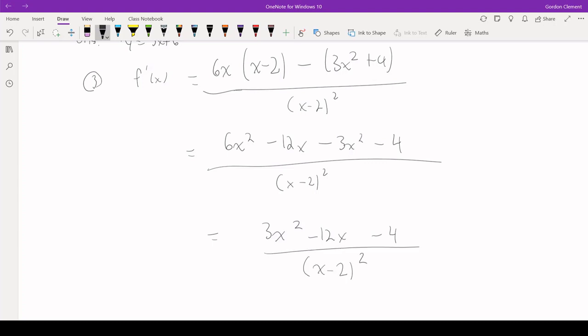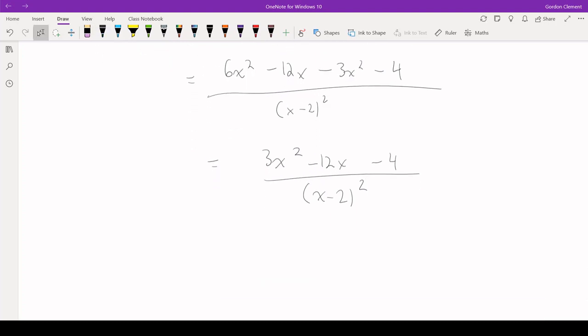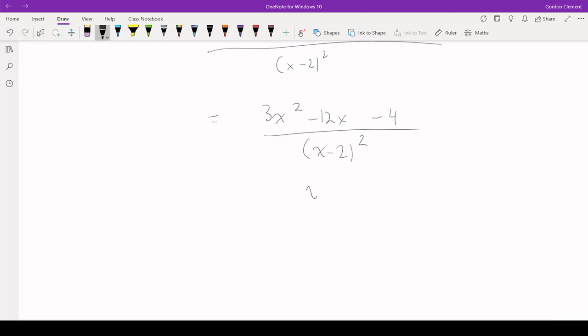And something like that. Looks like that numerator does not factor. So to get my critical values, I'm going to need the quadratic formula.